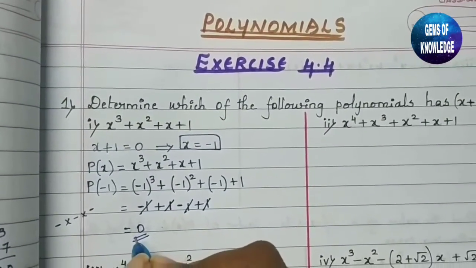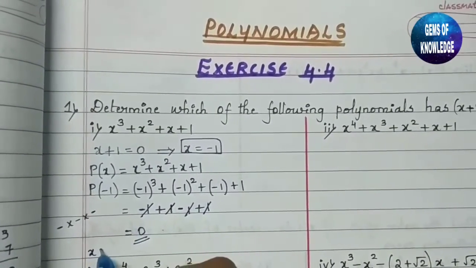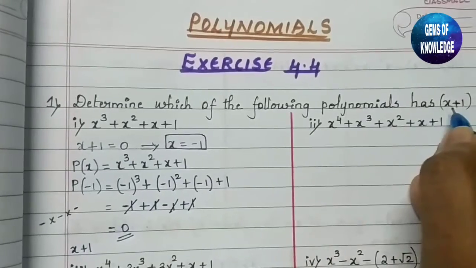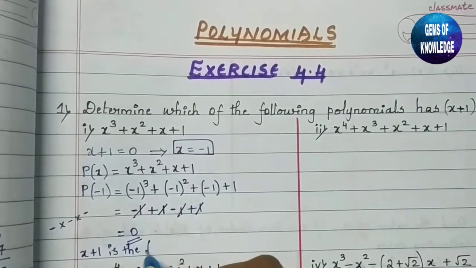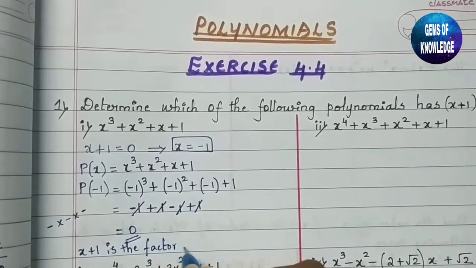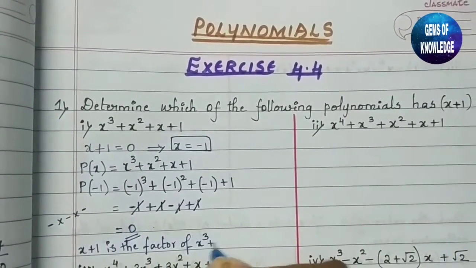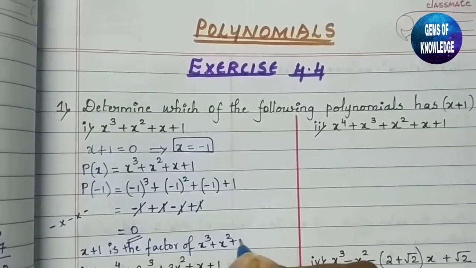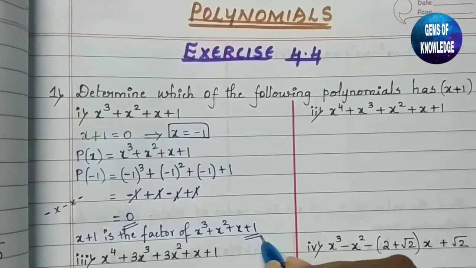So if we get the answer to be 0, we can write that x plus 1 is a factor of this one, that is x cube plus x square plus x plus 1. Okay, so this is the answer.